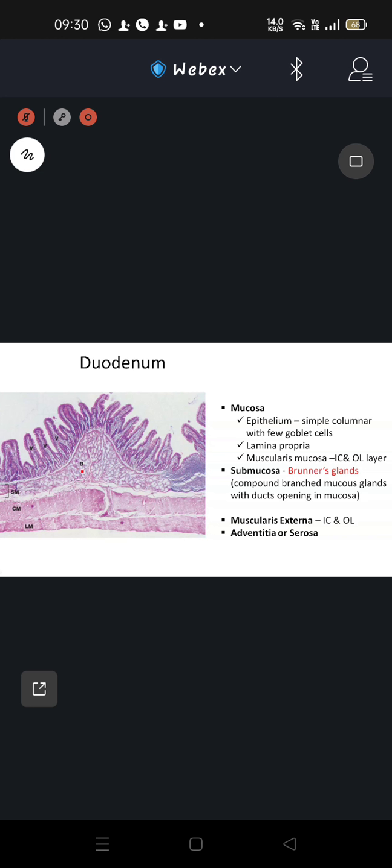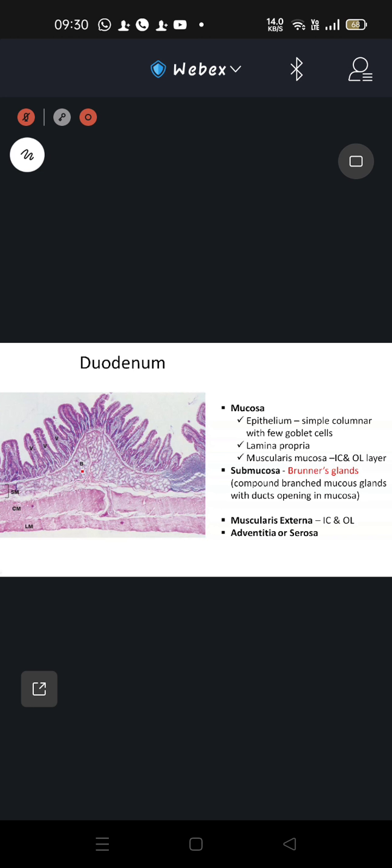Then the muscularis externa is there, which again has an inner circular and outer longitudinal smooth muscle layer, and sometimes we can appreciate some nerve portion lying between them, which is a portion of the myenteric plexus.